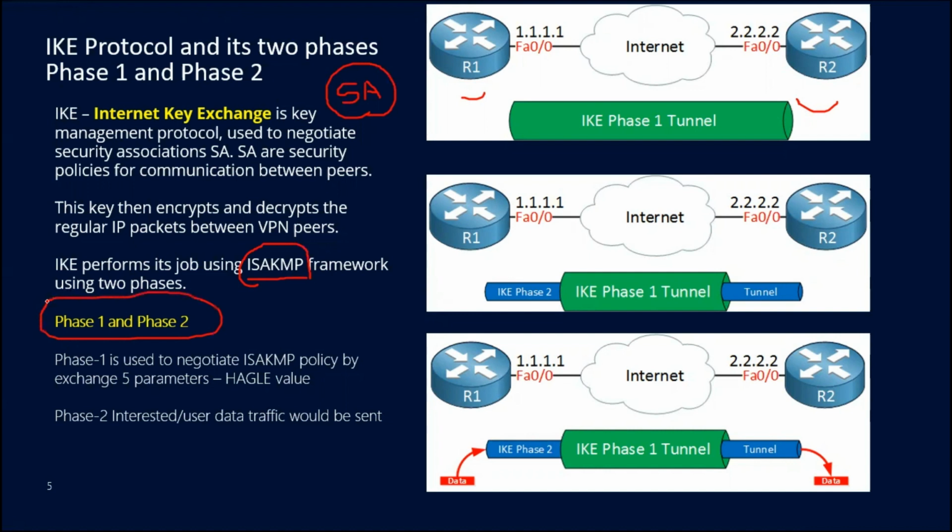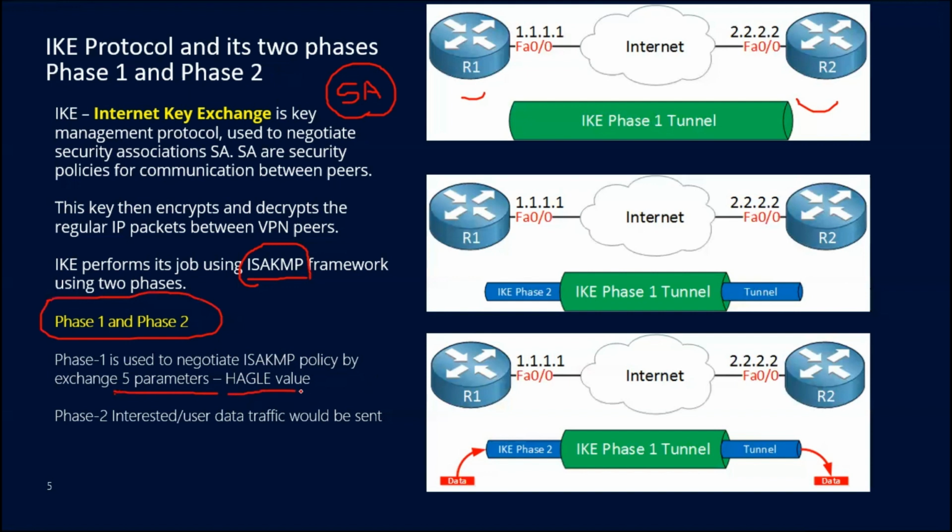Very simple. So now two phases fall under this. Let's learn what the two phases are. In phase one, the two peers negotiate the encryption, authentication, hashing, and other protocols. All those are basically the 5 parameters. So in phase one, it negotiates the ISAKMP policy by exchanging the 5 parameters.